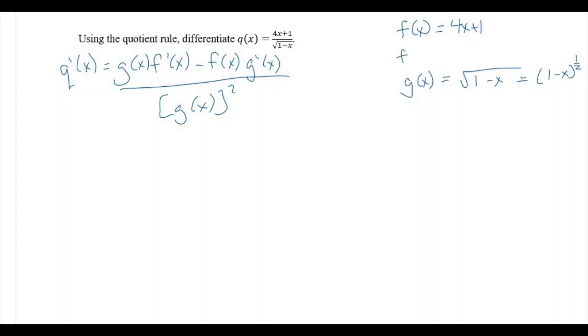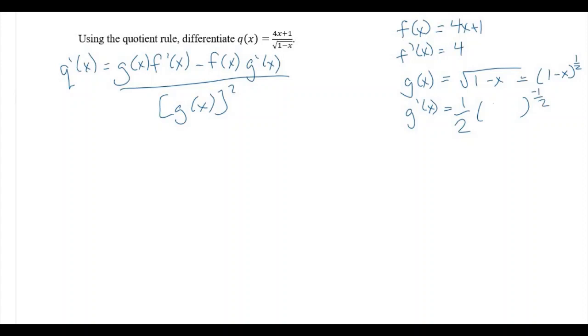Their derivatives for f prime of x, it's a linear, so it's just going to be the slope, or 4. For g prime of x, now we're going to have to use our power rule to help us out a bit, and a bit of chain rule as well. So for chain rule, we take the derivative of the outside function, which is x to the power of 1/2. So it's 1/2 times our inside function to the power of negative 1/2.